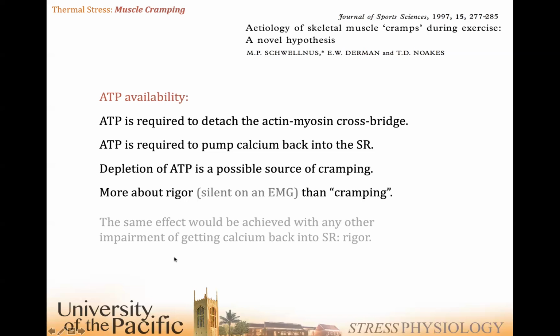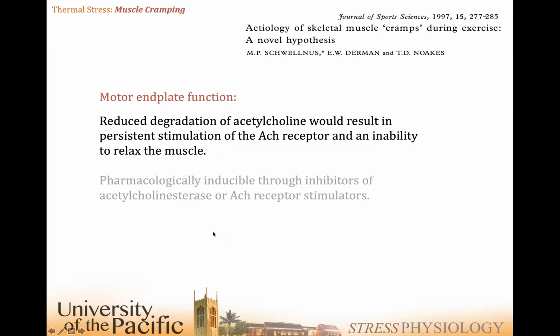Think like rigor mortis, that sort of dead hard muscle that's just in a permanently flexed state. That rigor, if you don't have ATP to bind to transition into a weak bond state, that's not really what cramping looks like, though. So ATP availability, while it's a clean, intuitive explanation, doesn't really fit.